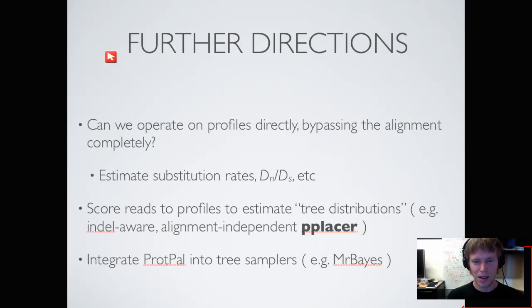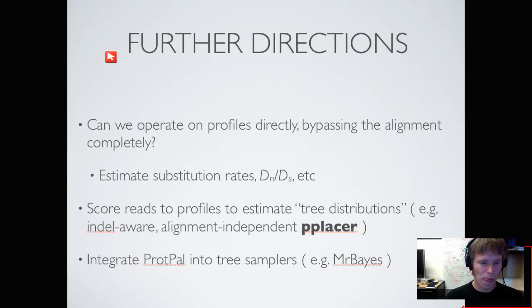We've been looking at using this framework to estimate tree distributions like pplacer does, except that the likelihood of a placement would know about the insertions and deletions on the tree and it would know that the alignment is uncertain.